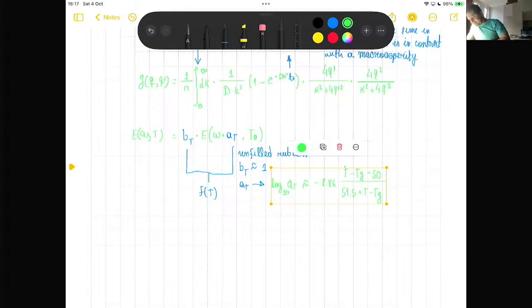So, at the end, which is the difference from the single asperity to the multi-asperity?